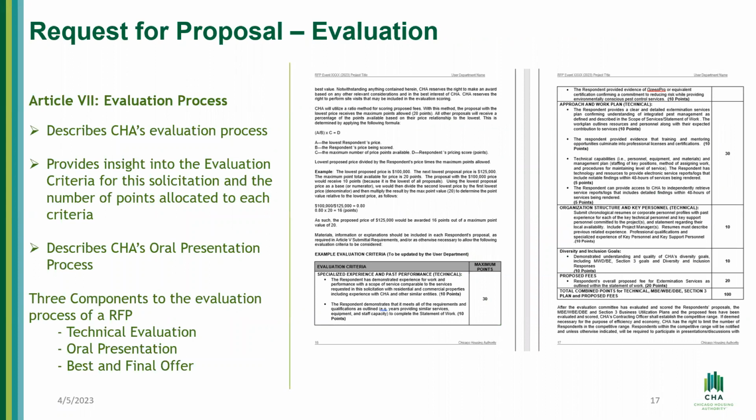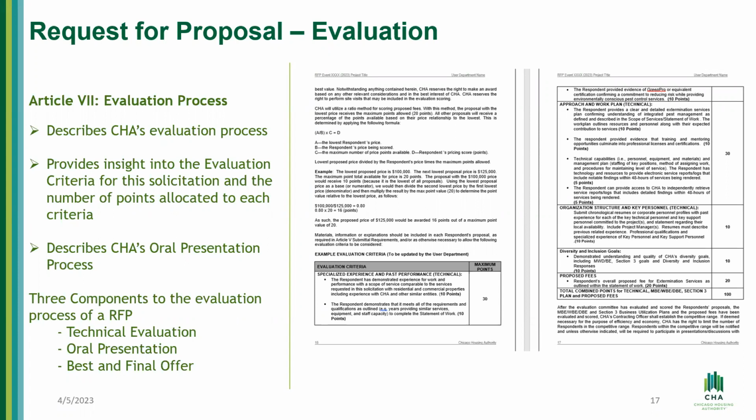So we're going to continue with the articles. The other article that you will find is Article 7, which is the evaluation process. This describes the CHA evaluation process, okay?